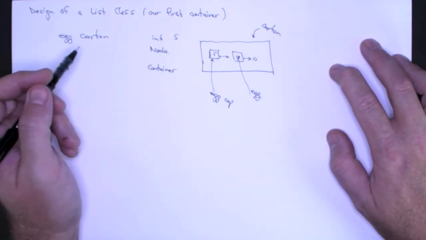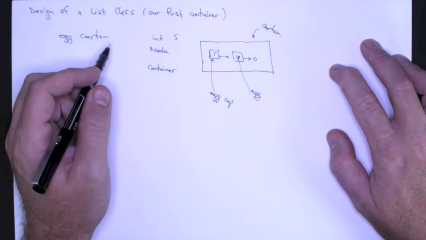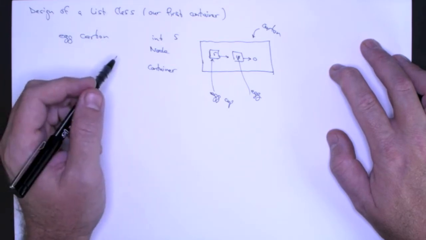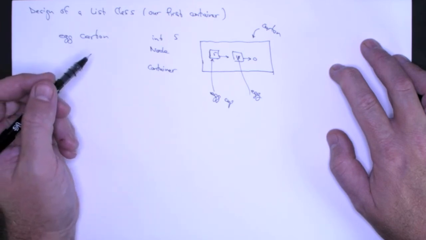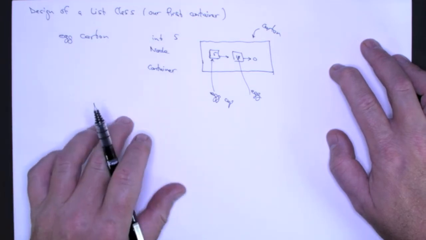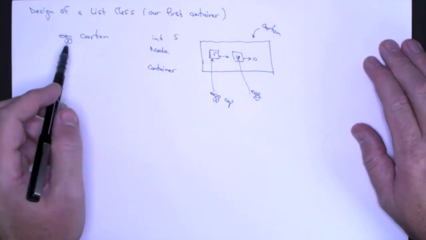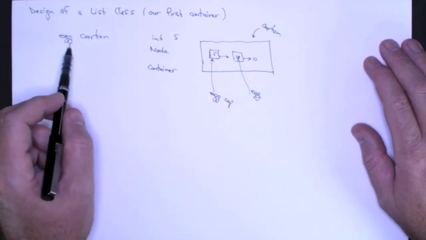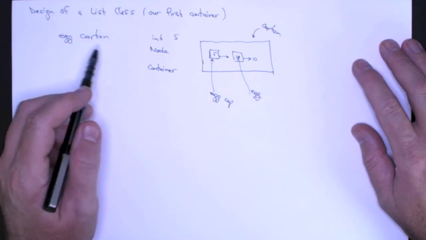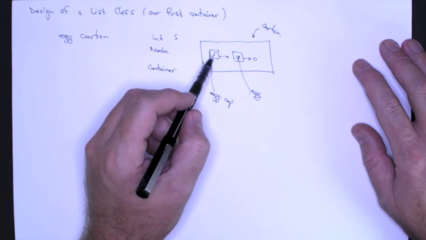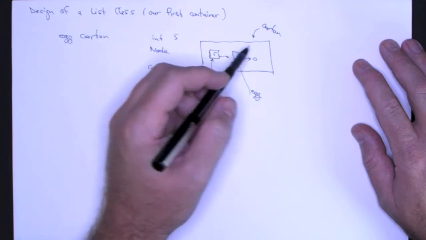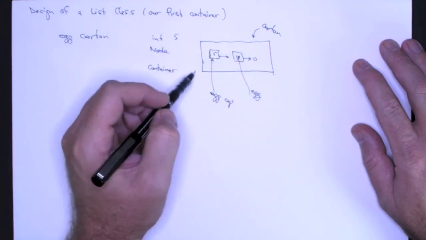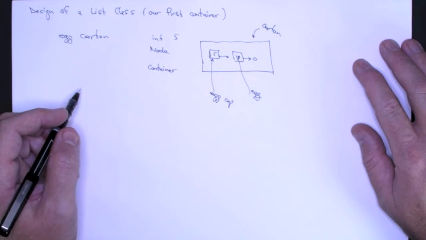You've already experienced the vector class, and as you know, you can create a vector of integer objects. A template class is how they implemented the vector so that you could use it for any class. But as we're going through this, keep this egg carton analogy in mind, and always remember that there's a distinction between the object, the node that is storing the object, and the overall container that's organizing those nodes in some fashion.